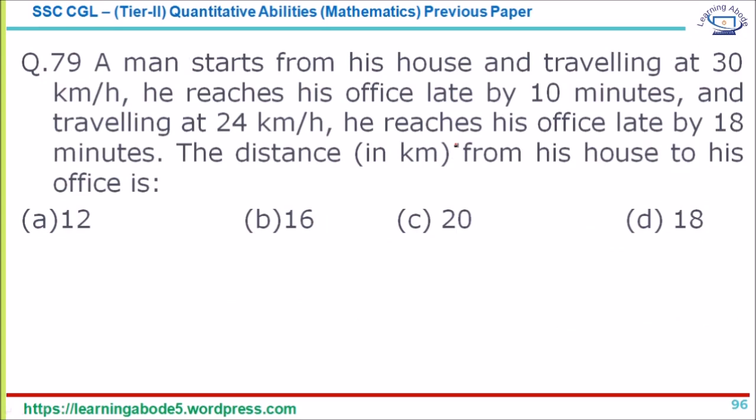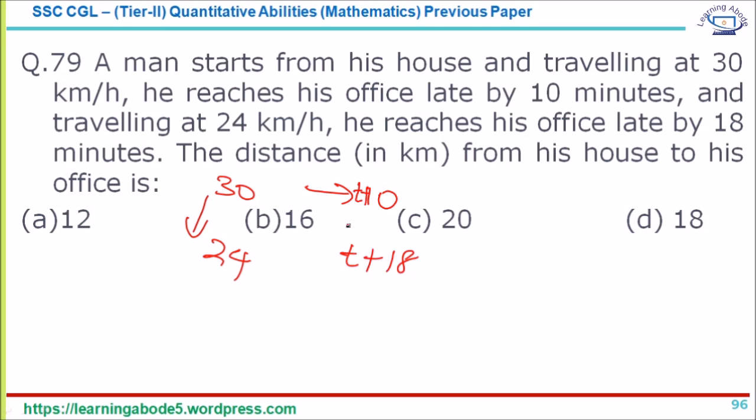Question number 79. A man starts from his house traveling at the rate of 30 km per hour. He reaches his office late by 30 minutes, and traveling at 24 km per hour, he reaches his office late by 18 minutes. So if he goes from 30 down to 24, in terms of time, from t plus 10 he now takes t plus 18.